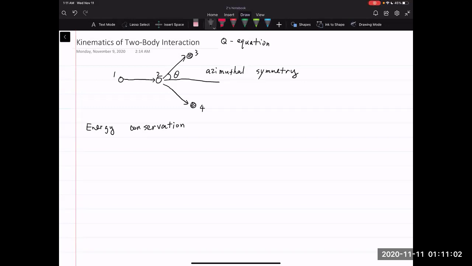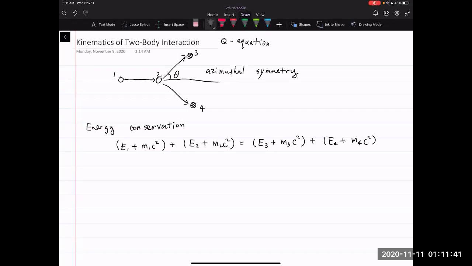The conservation of energy is written as E1, which is the kinetic energy of particle 1, plus the rest mass energy of particle 1, M1c squared. That is the total energy of particle 1, plus the total energy of particle 2, equal to the total energy of particle 3 plus the total energy of particle 4.